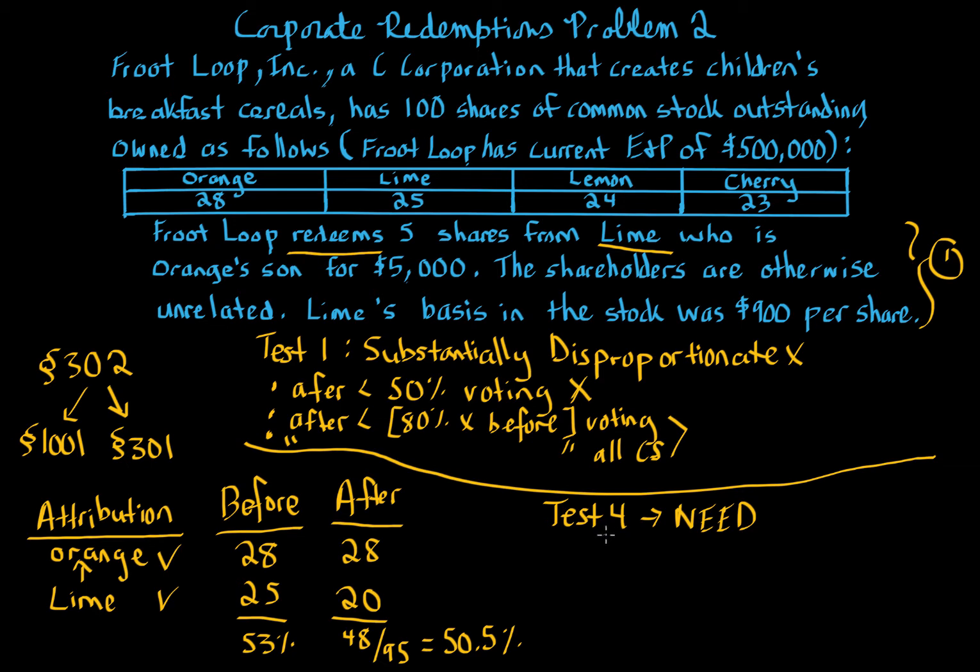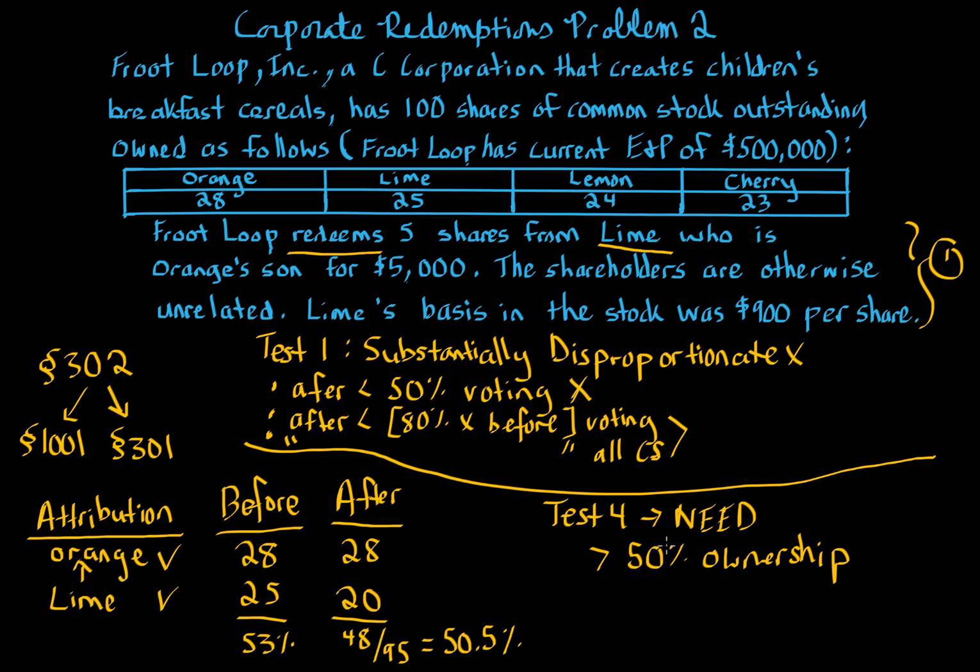So I'm going to go ahead and tell you, with attribution or by themselves, whatever the ownership is, if a shareholder still has more than 50% ownership after the redemption, again, considering direct and indirect, more than 50%, you're going to fail all 4 tests. You're not going to be able to get test 1 because of the first requirement.